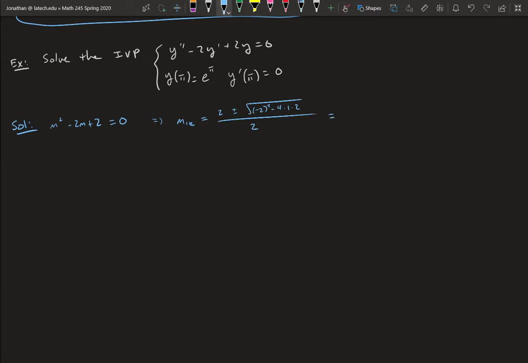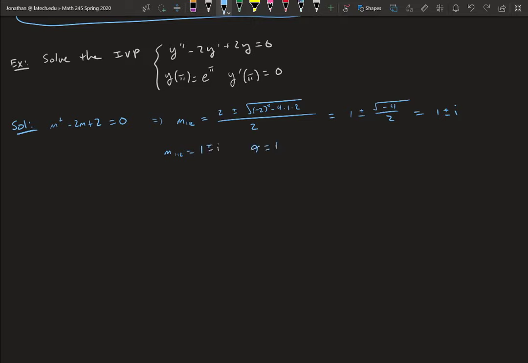So that's going to be 1 plus or minus square root of negative 4 over 2. So that's 1 plus or minus i, unless I screwed something up. It's 4 minus 8, which is negative 4. All right, so our roots m1, 2 are equal to 1 plus or minus i.